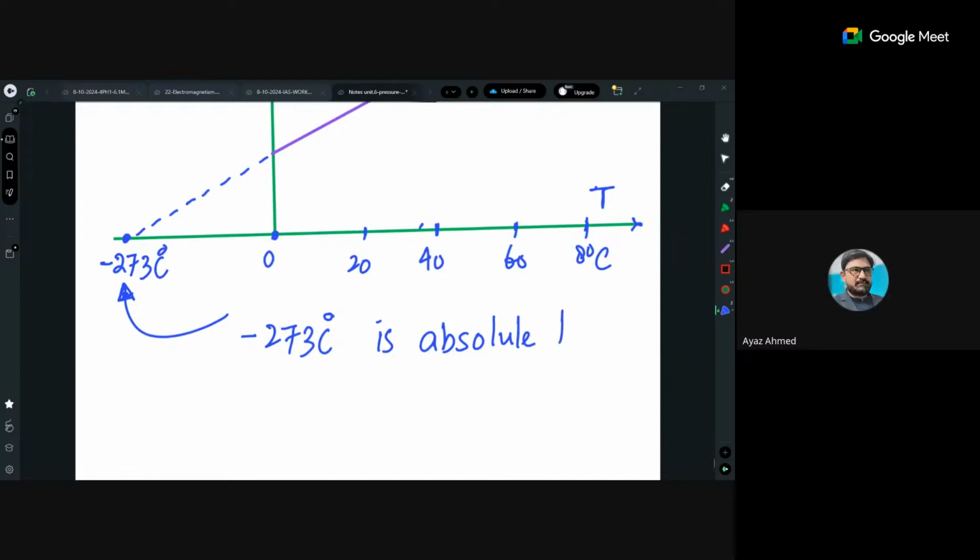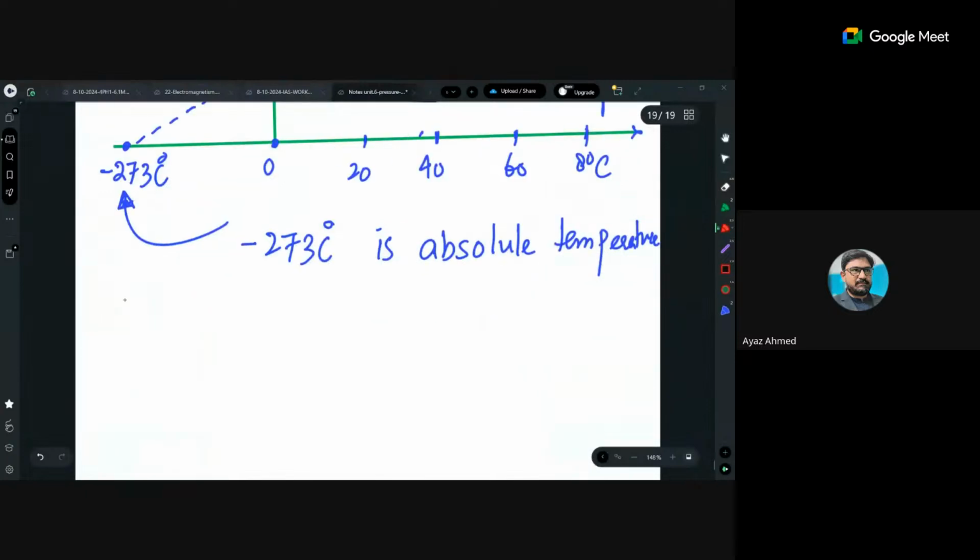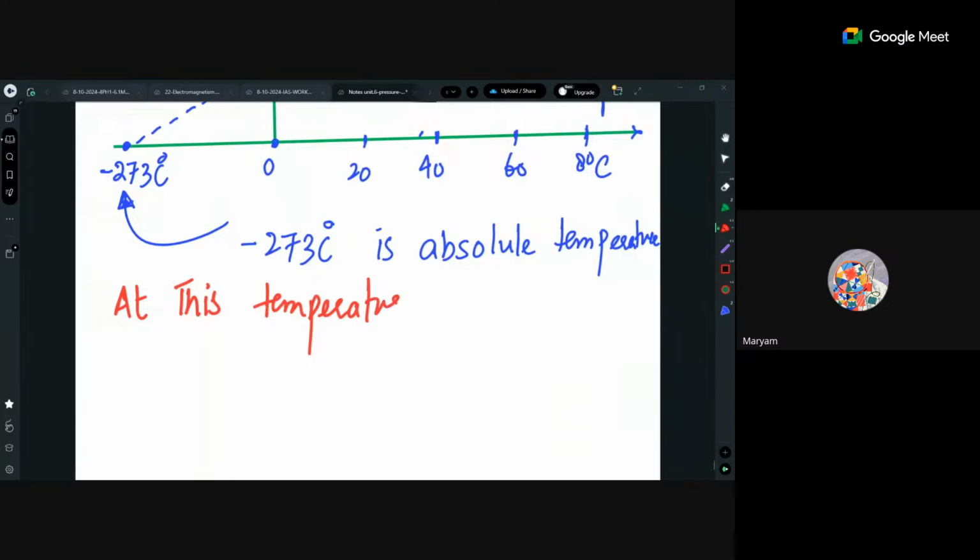Sir, what is the meaning of absolute temperature? That is, the gas molecules will be absolutely frozen. They will have no kinetic energy at this temperature. This is minus 273 degrees Celsius, the absolute zero temperature.